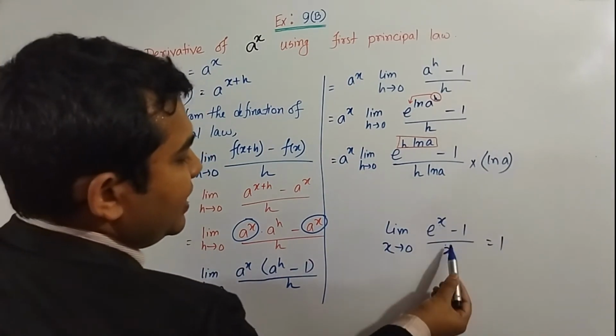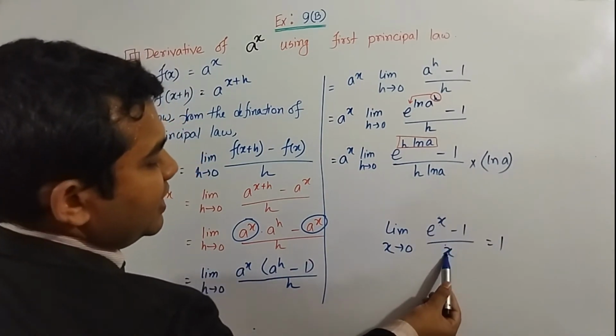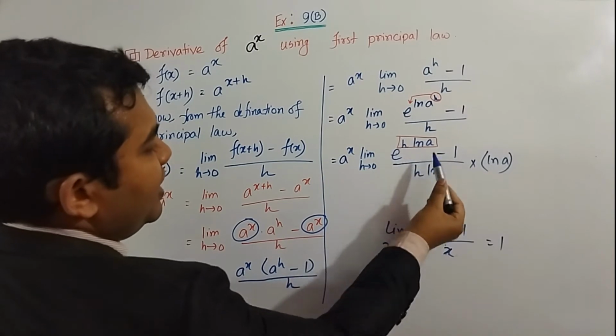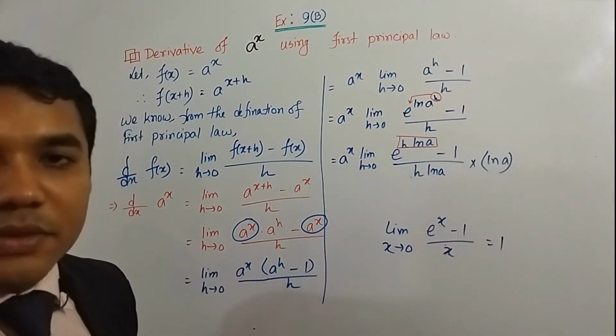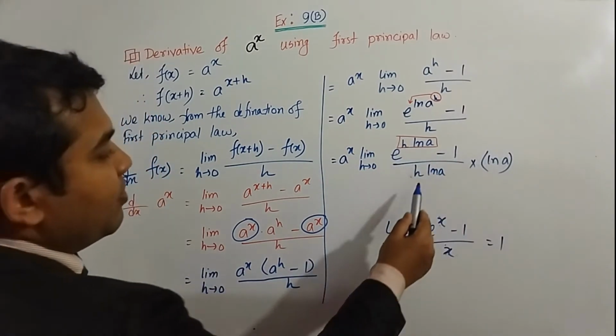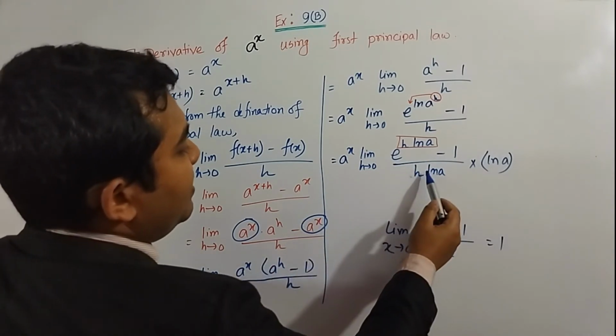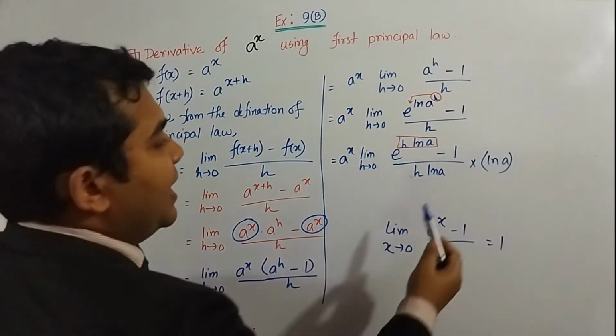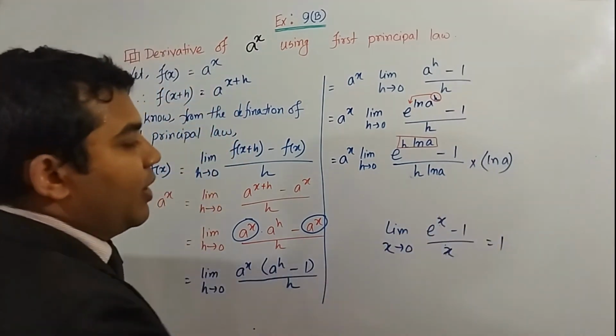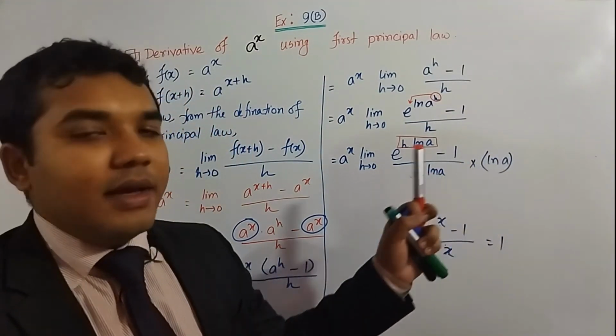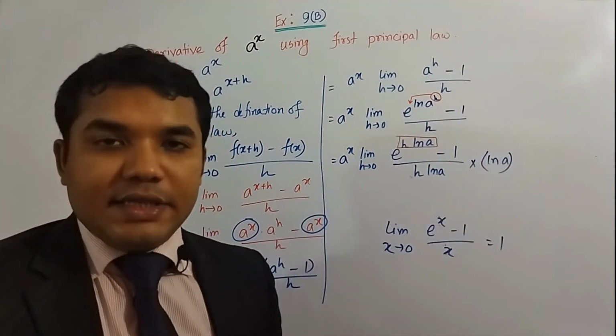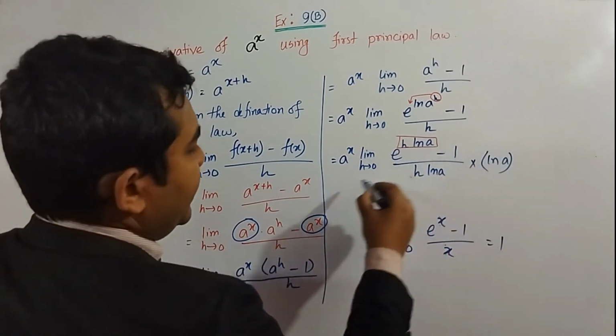So here, the power of e should be the same in these two places. That's why we match it by multiplying by ln a, so that these two will cancel and it will remain the same. So what can we write here?